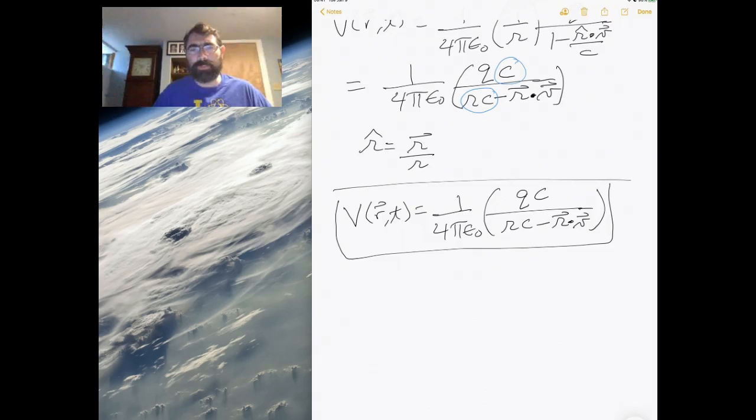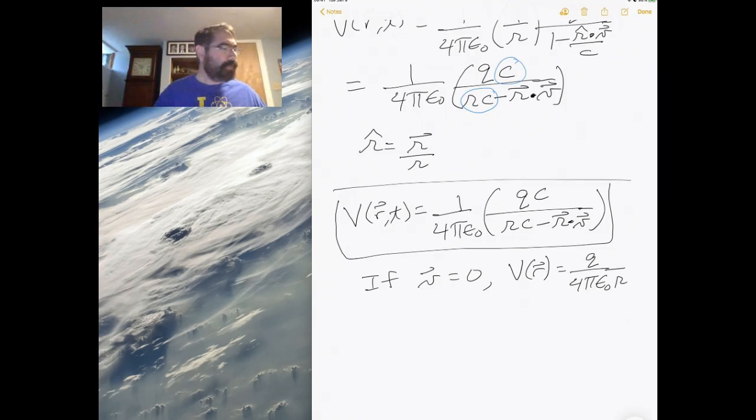So if we have a charge that is stationary, if v is equal to 0, then we just get Coulomb's law.